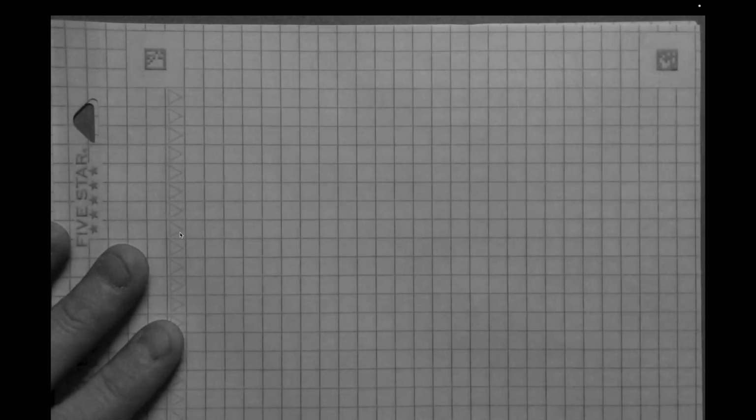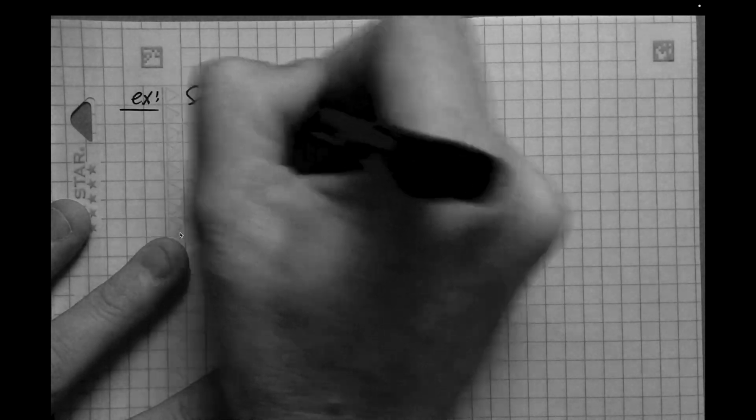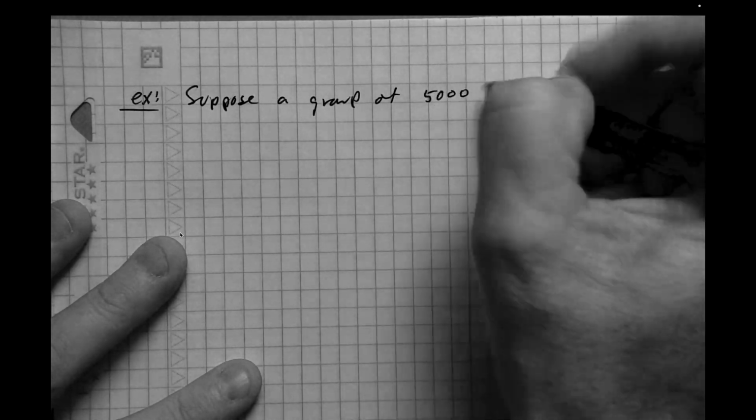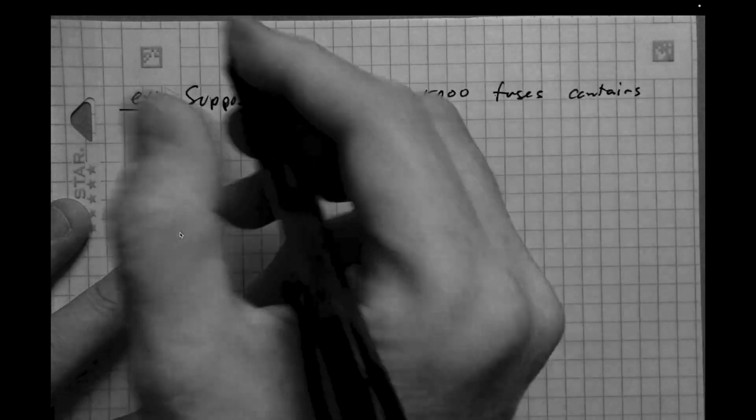Let's look at an example that is a little less dicey and heads and coin flippy. Let's suppose that a group of 5,000 fuses contains 5% defectives.